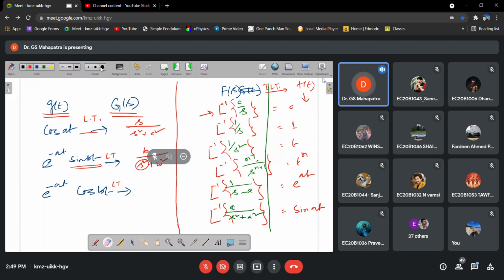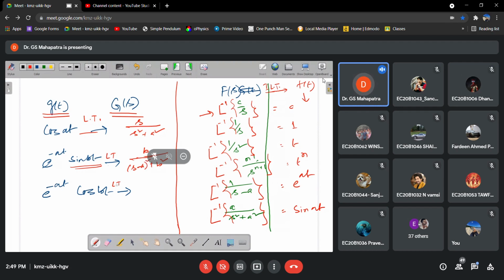Correct. So I will erase this one. Now I will write again. So this one is s minus a whole square.